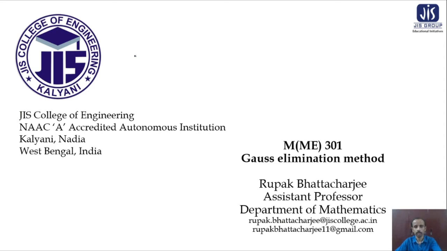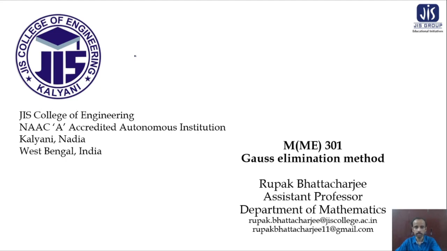In this course, we are in the module of solution of system of linear equations. According to our structure, in the solution of system of linear equations, we are going to learn some methods which will be distributed into two parts. First one is direct methods and second one is iterative methods.